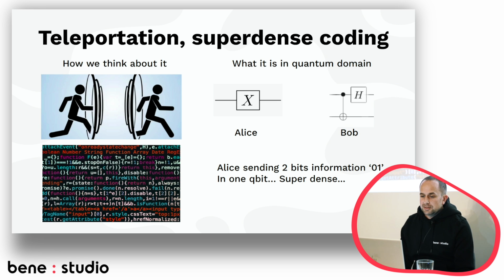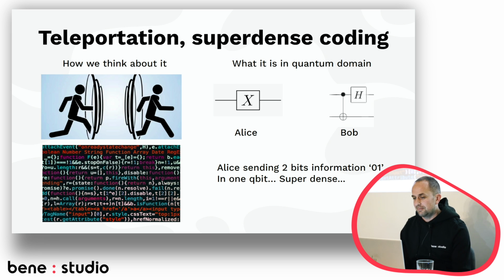When I hear the word teleportation, I always imagine myself going into one door and stepping out in another universe. So it's kind of a cool thing. Also, when I hear about superdense coding, since we are coding, I usually think of some highly optimized code like you see there.